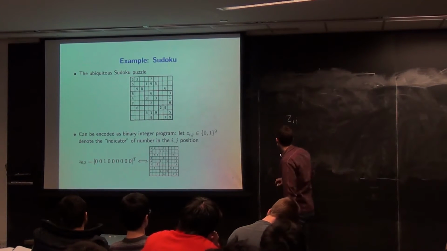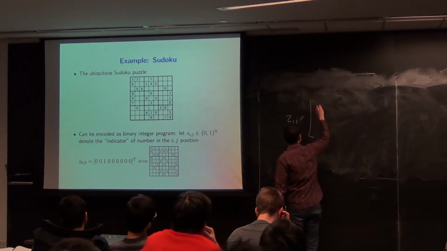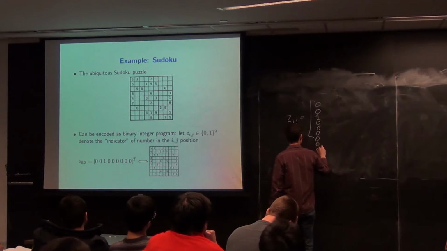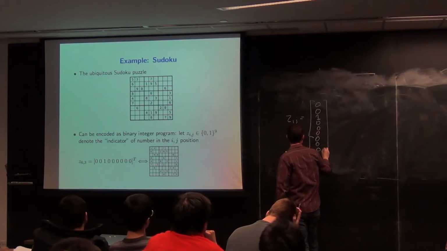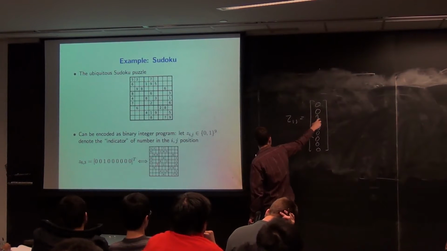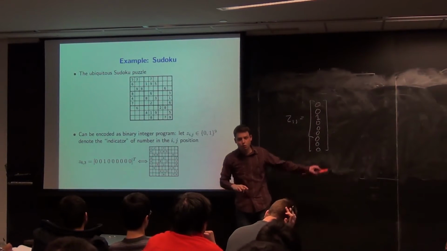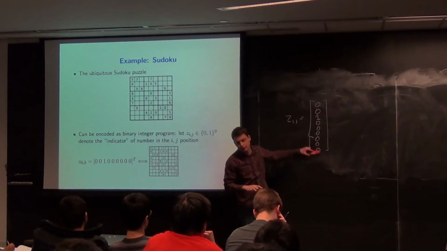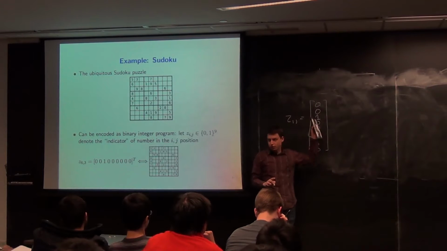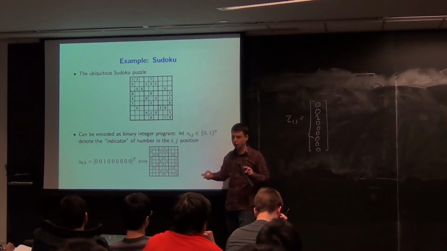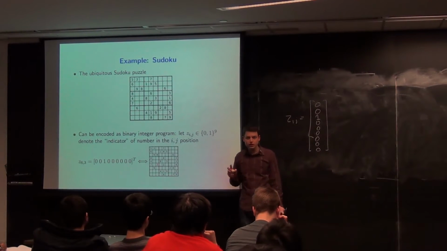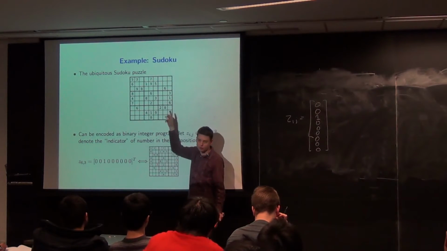And so if Zij equals, for example, 1, 2, 4, 5, 6, 7, 8, 9, then this means that the ij position is equal to 3, because there is a 1 in the 3 location here and 0 everywhere else. These variables can only have one non-zero entry in them. That's a constraint we're going to add, but that's the condition we're putting on it. And that non-zero entry will indicate what value in the grid we have here.